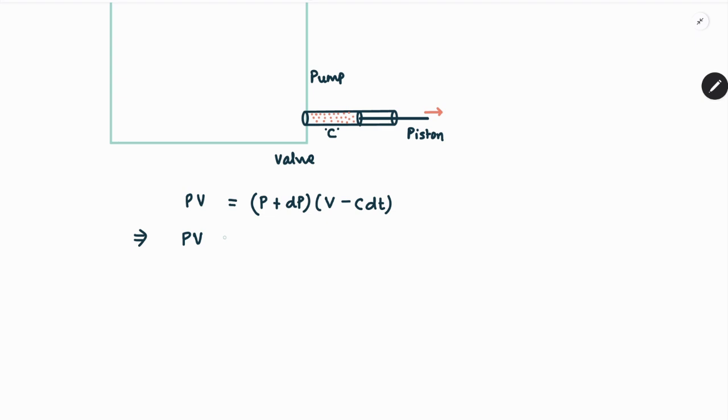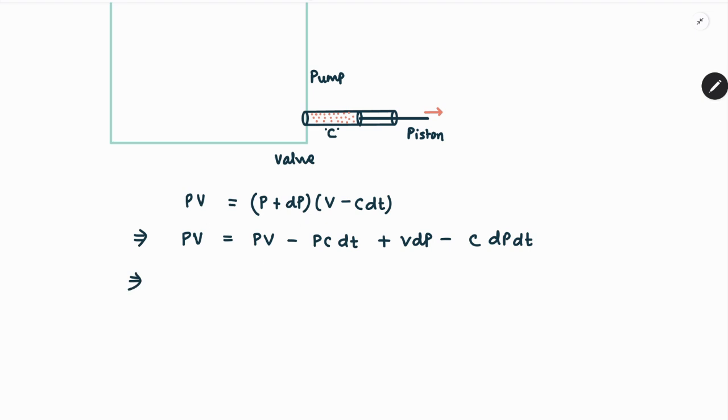So we get PV equals PV minus PC dt plus V dP minus C dP into dt. So now this term dP into dt will be too negligible, so we'll omit that part.